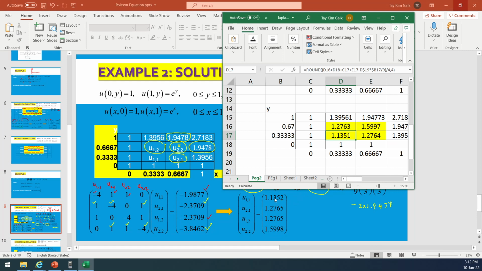The first value, U11, is 1.1351; manual is 1.1352. The second value, U21, is 1.2764; manual is 1.2765. Excel U12 is 1.2763; manual is 1.2765. The last value, U22, Excel is 1.5997; manual is 1.5998.